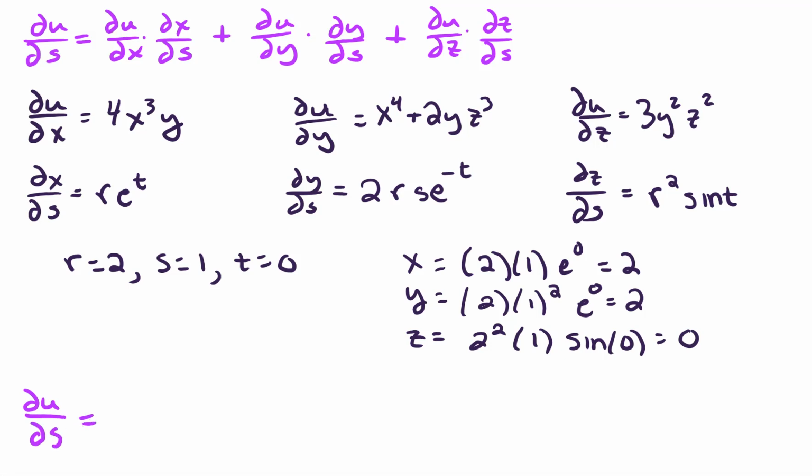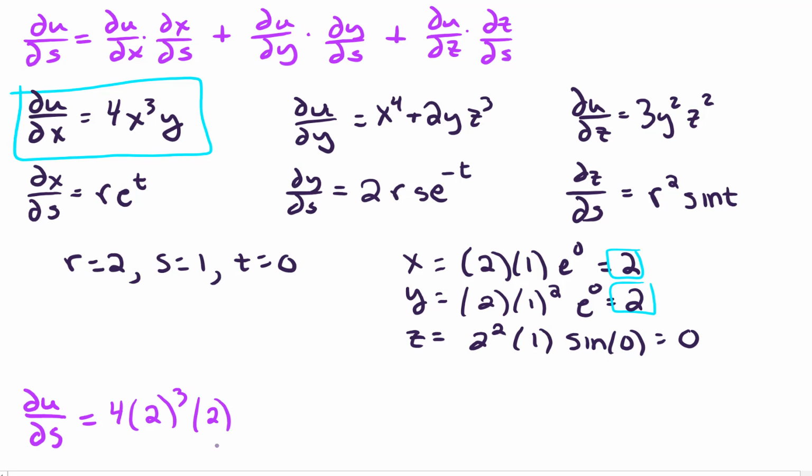So first of all, to find du dx, we need to plug in what x and y are, and we know that those are both 2. And so when we plug that in, what we get here is 4 times 2 cubed times 2.